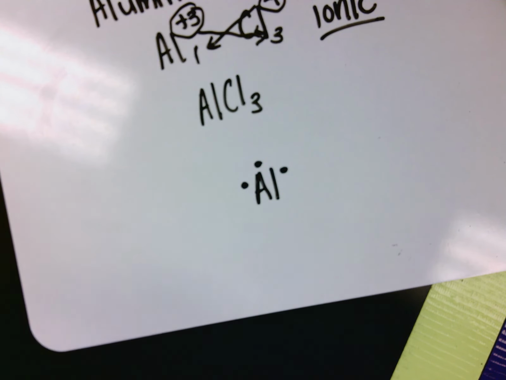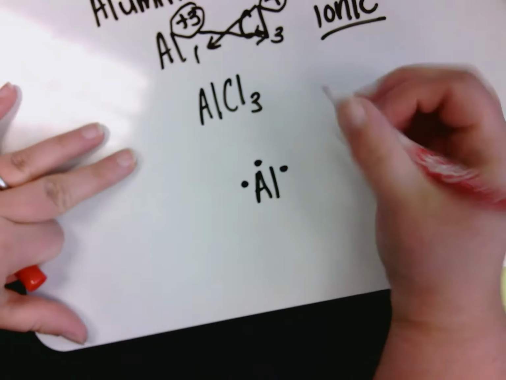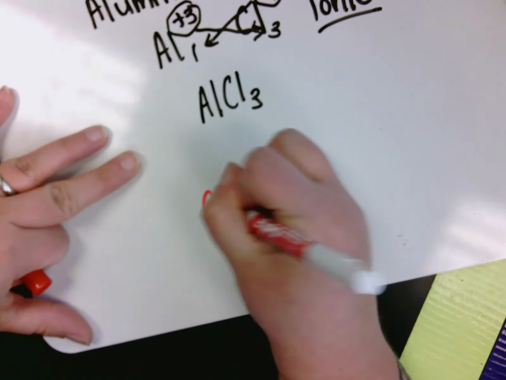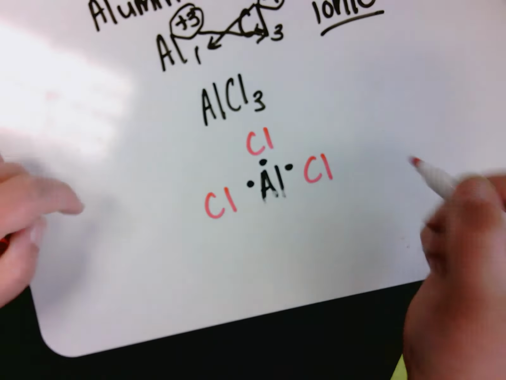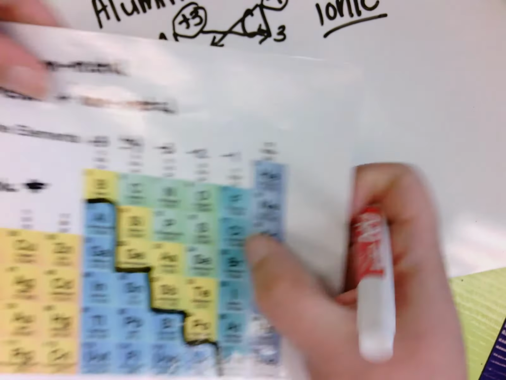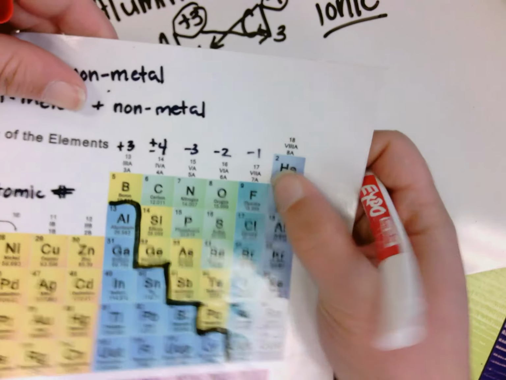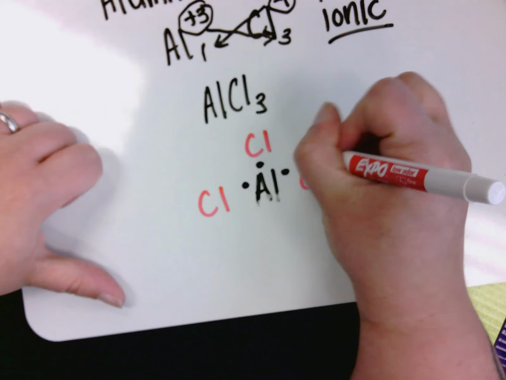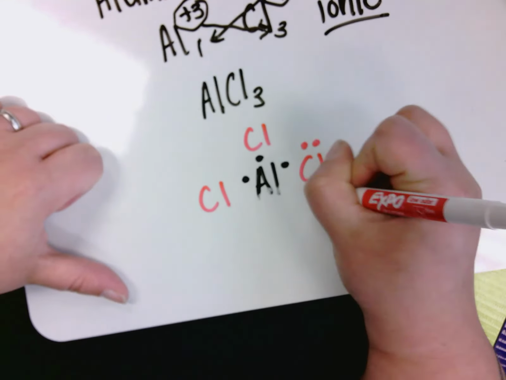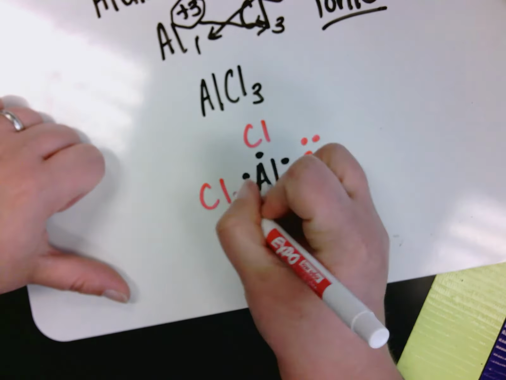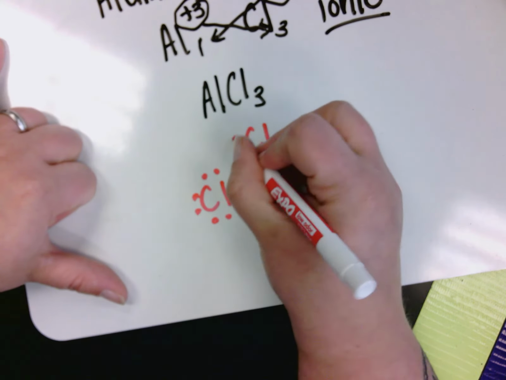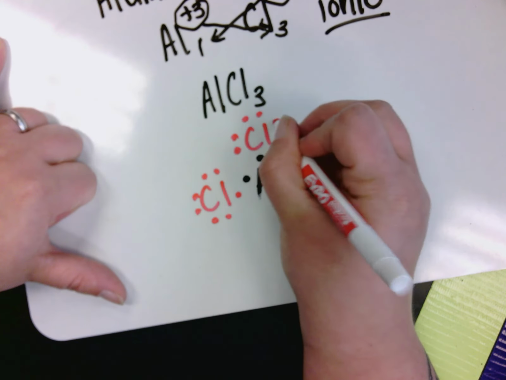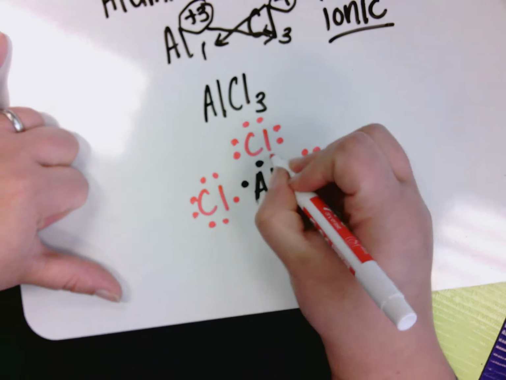Then I'm going to put in my chlorines. And I'm going to put 1 on 3 sides of aluminum. Okay? Chlorine, according to the periodic table, is in group 17, so it has 7 valence electrons. So I'm going to go ahead and place those around chlorine in pairs. Remember, there's 4 sides to the symbol.